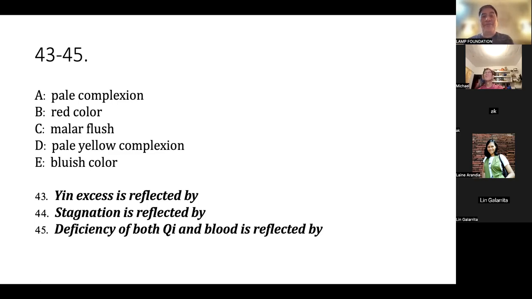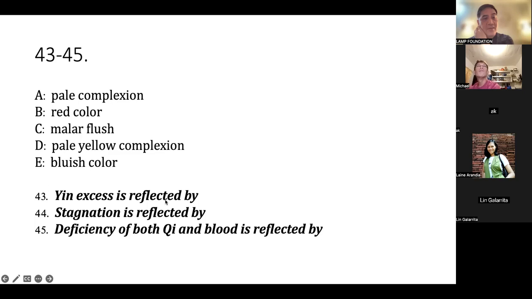Okay, 45. Number 45, deficiency of both Qi and blood is reflected by letter D, pale yellow complexion. Okay. Di ba, ano din, Doc? Yung pale complexion, both Qi and blood din yun?